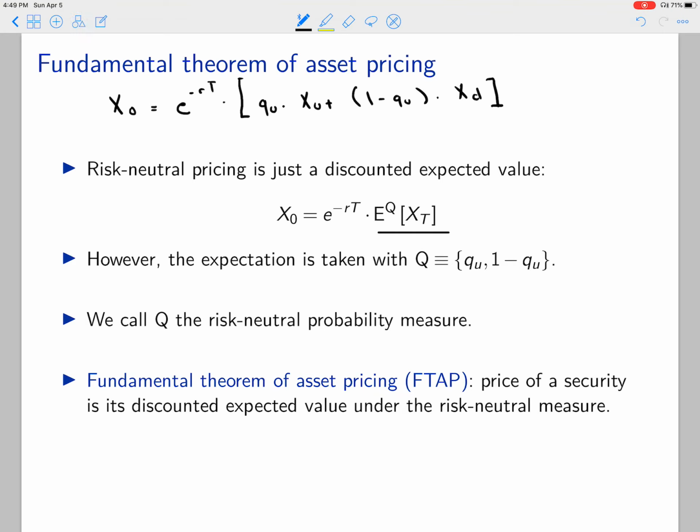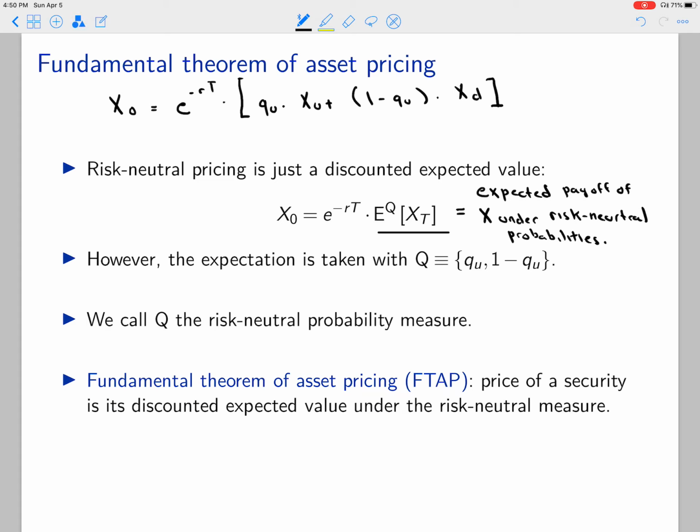What this symbol means is the expected payoff of the security x under risk-neutral probabilities. And when you hear expected, just think weighted average payoffs where the weights are the probabilities.